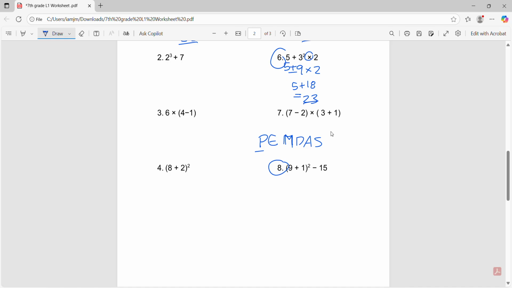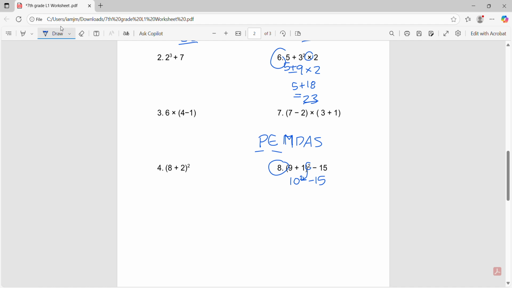PEMDAS. P, parentheses. So we solve 9 plus 1 first. 9 plus 1, which is 10. Bring the exponent down to 2, since we haven't solved it yet. 2 is here. Minus 15.